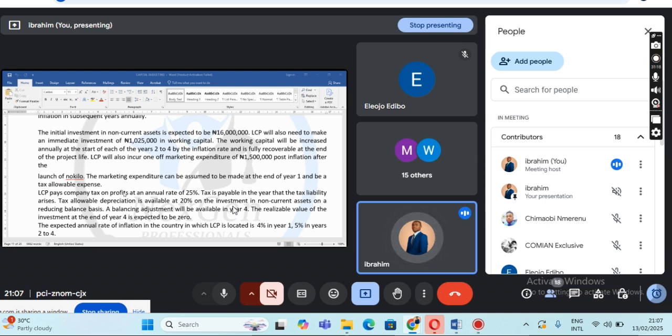LCP will also need to make an immediate investment of 1,025,000 in working capital, which will also be part of your year zero. Your working capital is what you will use to run the business. At the end of the project, you will recoup your money back, and it becomes your inflow.